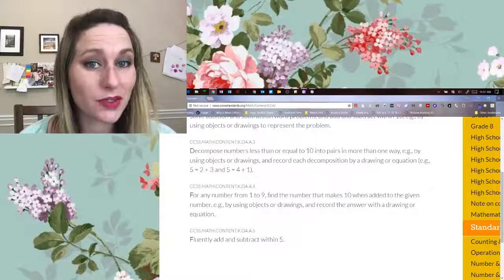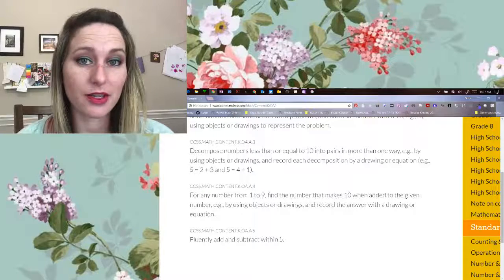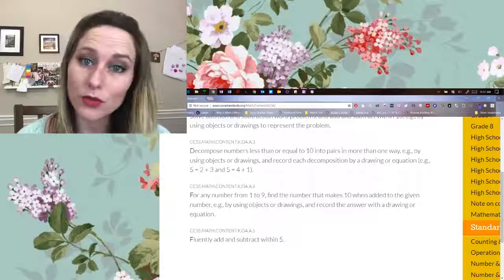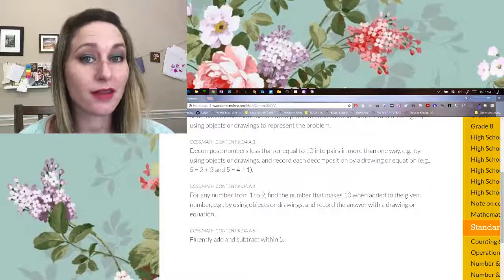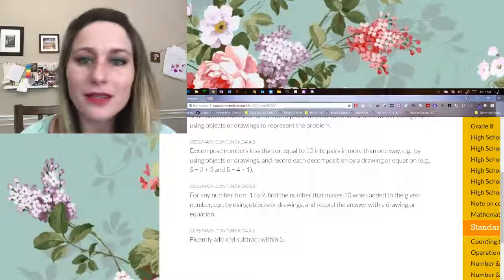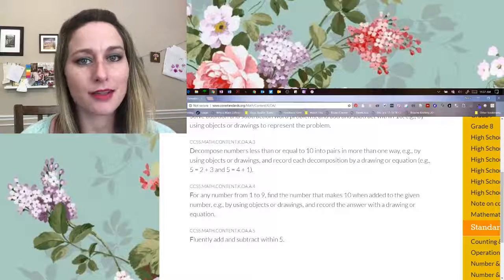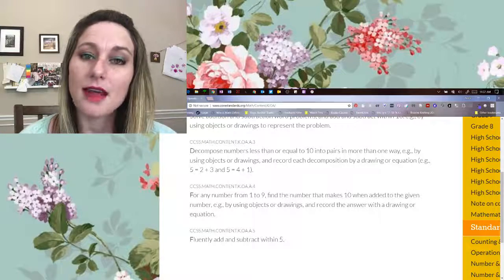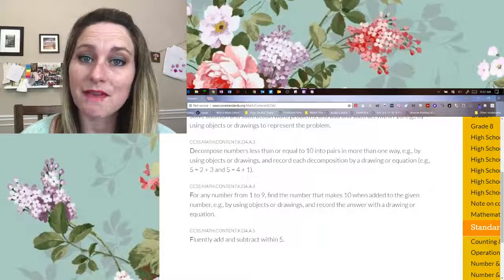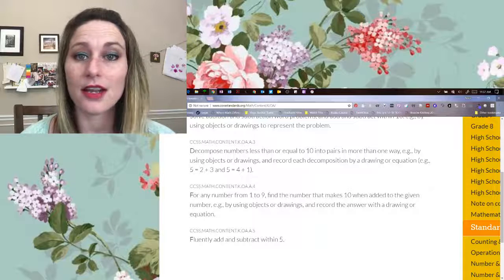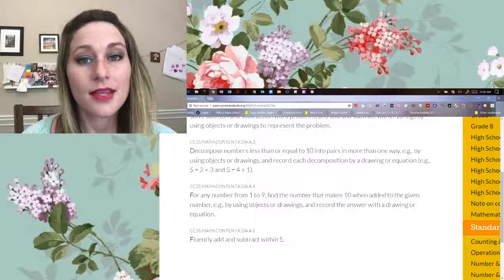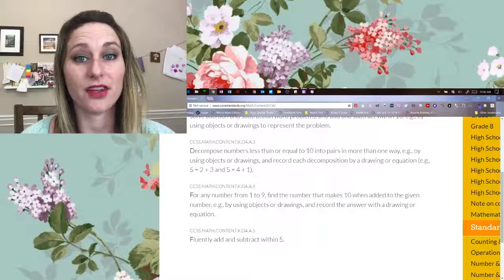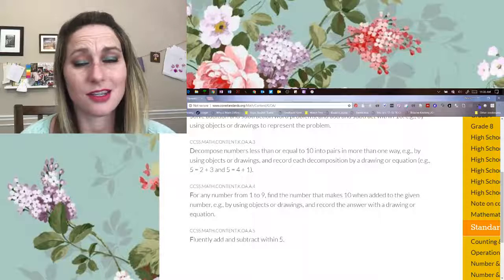Here, we do want students to have their abstract understanding fully developed because in first grade, they'll have to be fluent within 10. But fluent does not mean memorized facts from flashcards. It means that they have skills and strategies to be fast and accurate enough to not hinder their process. This might mean that they've done it on their fingers so many times that they just know it now.